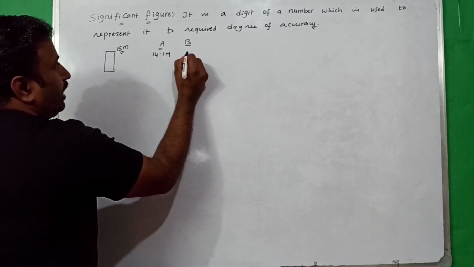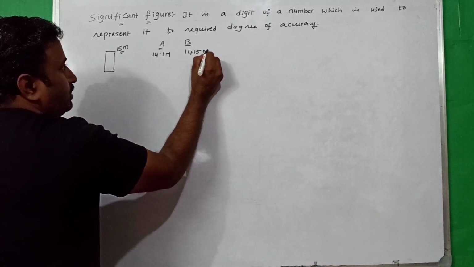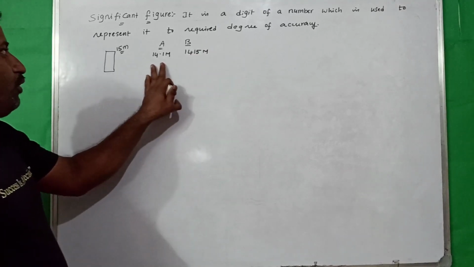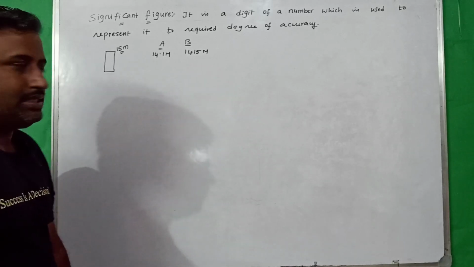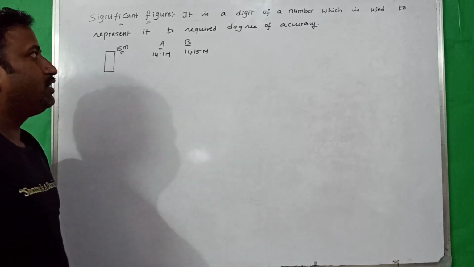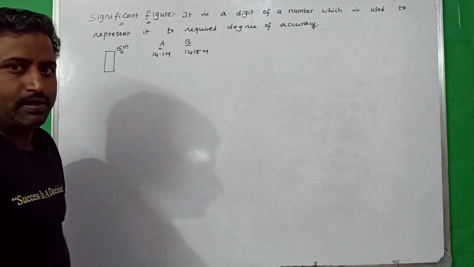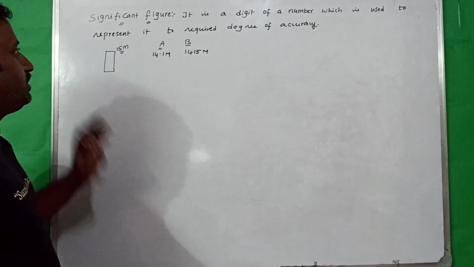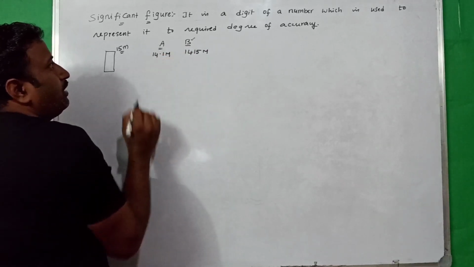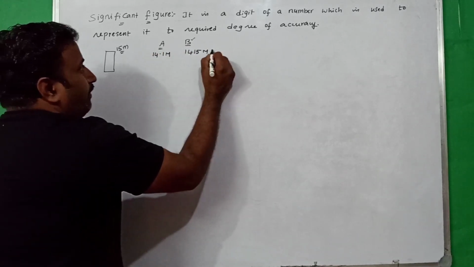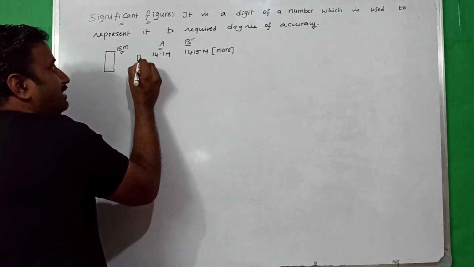B student reported 14.15 meters. The one which is closer is student B, because after the decimal we have two digits, which is closer to the original value. Then we can say the degree of accuracy of B is more than A, and the degree of accuracy of A is comparatively less.